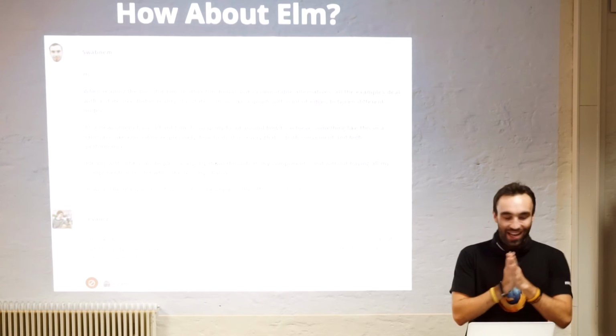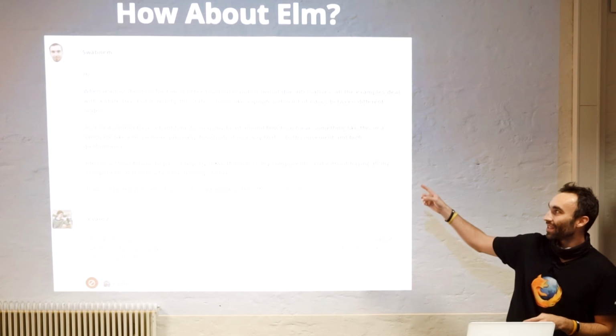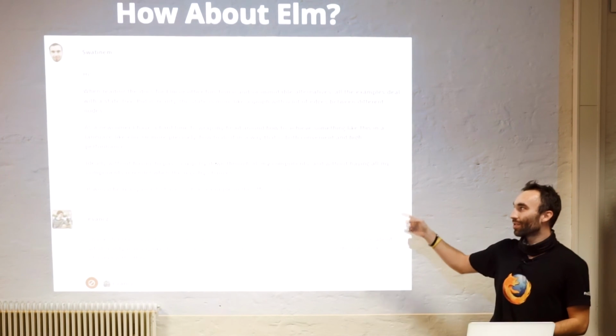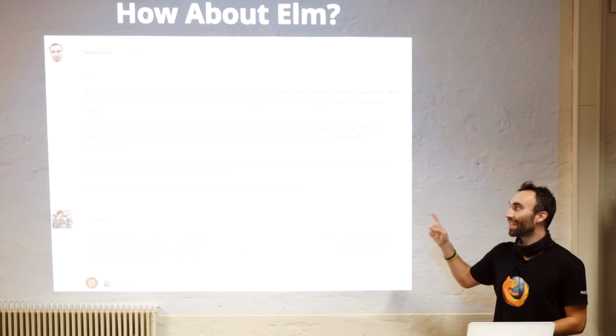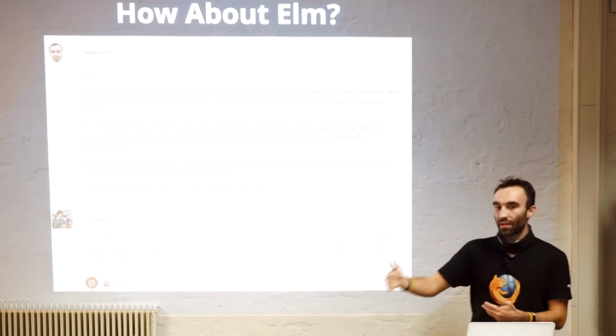So I would actually love to hear from a really proficient Elm developer how they deal with such problems. For example, this is actually a GitHub issue I created on the Elm guide, where I just explain the issue I had, which I explained to you right now.